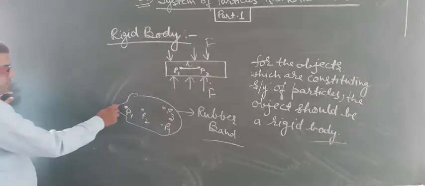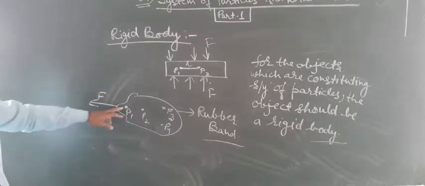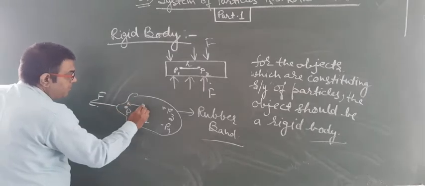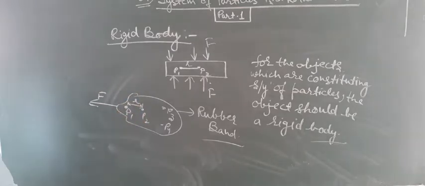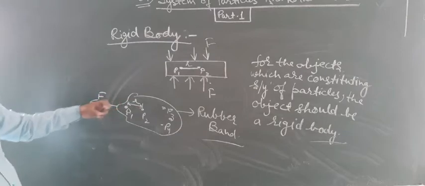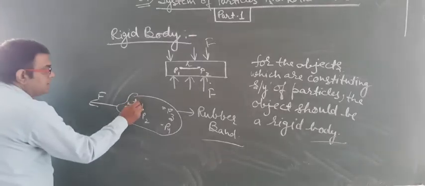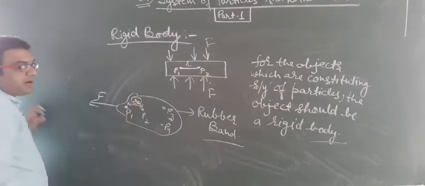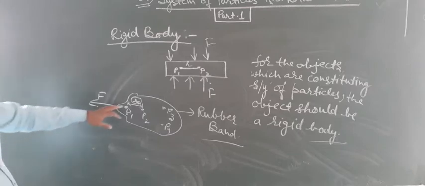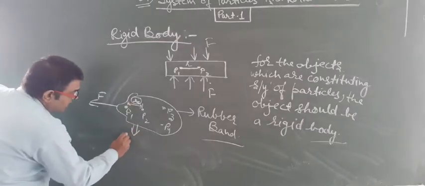Now, if a force is applied on this side, and the separation between P1 and P2 is R, and it is a rubber band, so it has the property to be stressed. As the force is applied, this distance R between these two constituent particles is going to vary, so it cannot be considered a rigid body.